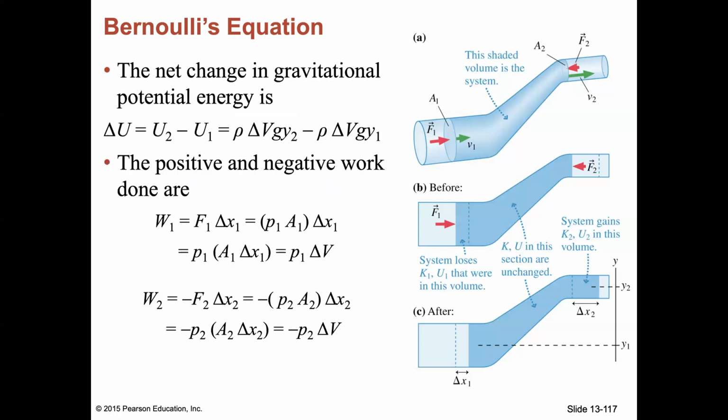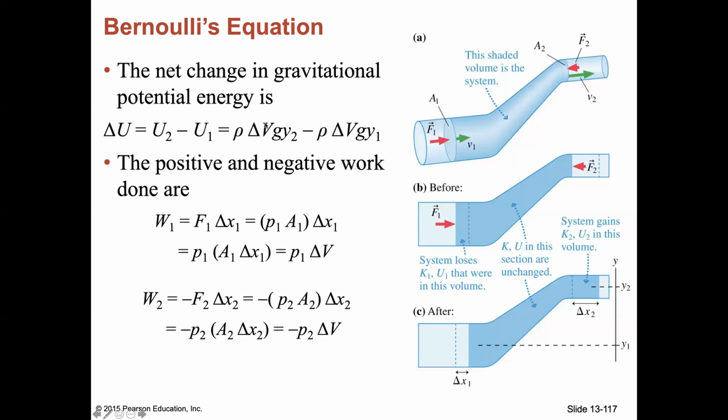And then now let's describe the potential energy. More specifically, it's gravitational potential energy, because now the height of the fluid element has changed from a low to a high position. To describe gravitational potential energy, it's easier.